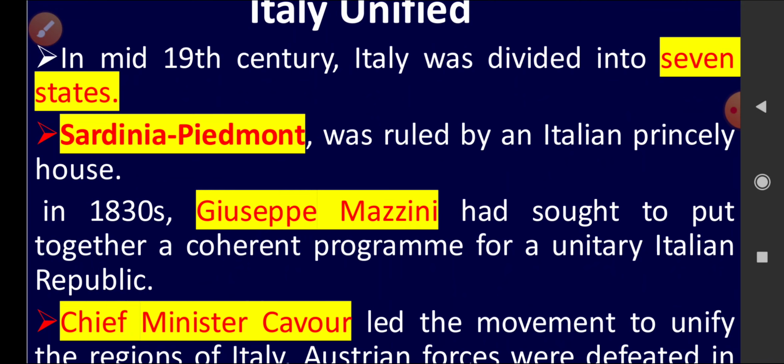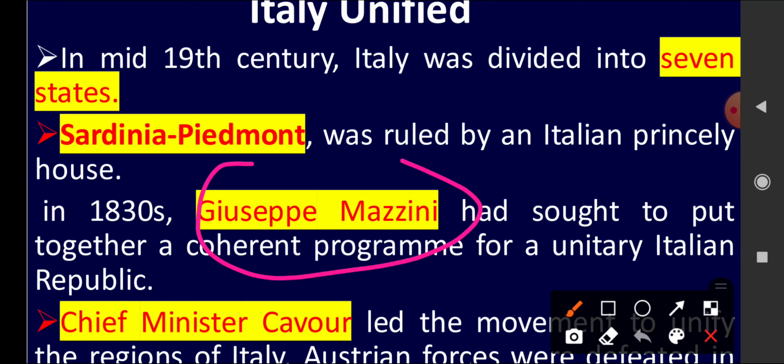In Italy, 3 revolutionaries played an important role for its unification. Those 3 people are Giuseppe Mazzini, who was a member of 3 secret societies, Carbonari, Young Italy and Young Europe; and Cavour, the chief minister.